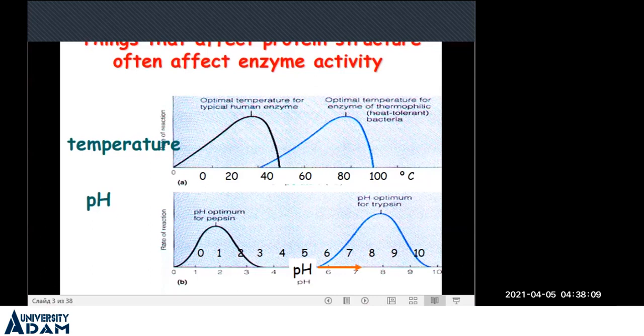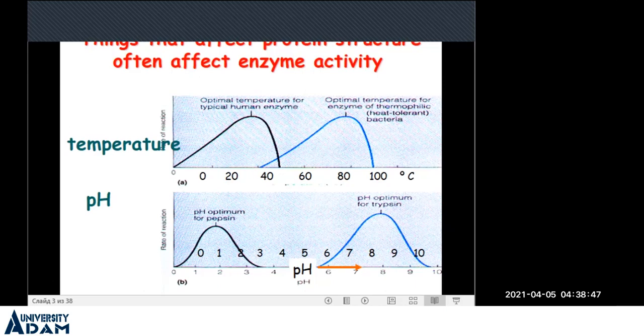When we're talking about microorganisms like bacteria which live in high temperature conditions, some enzymes will work at higher temperatures, because these microorganisms live in a high temperature condition.